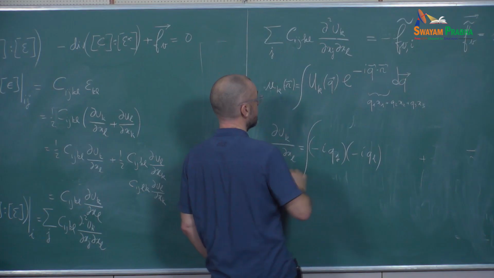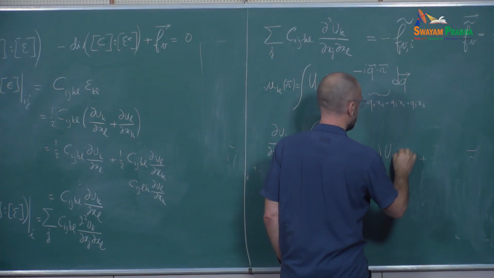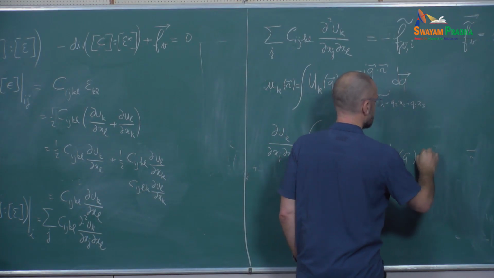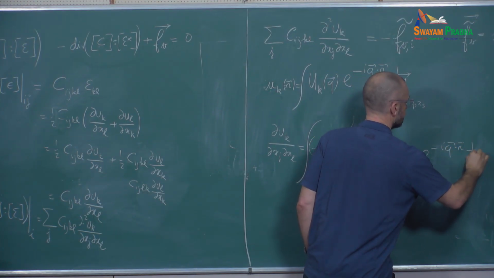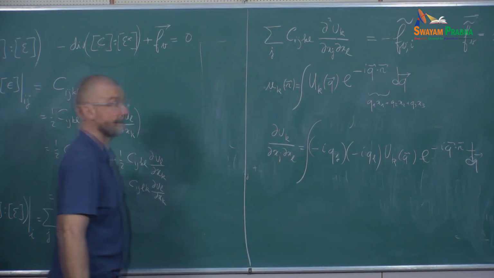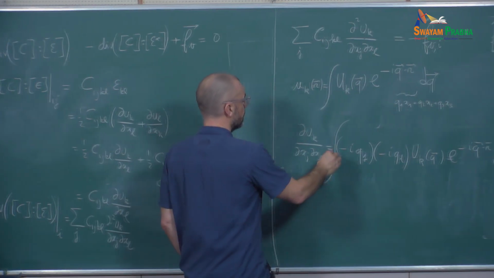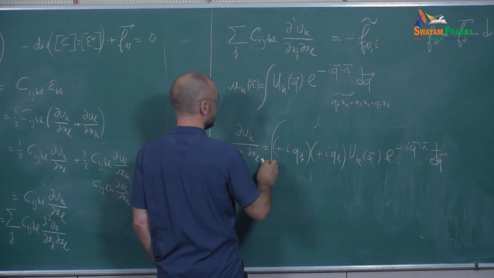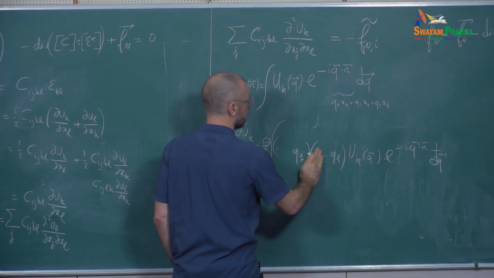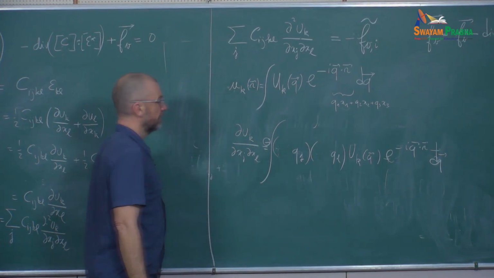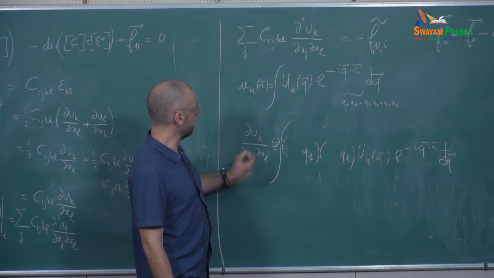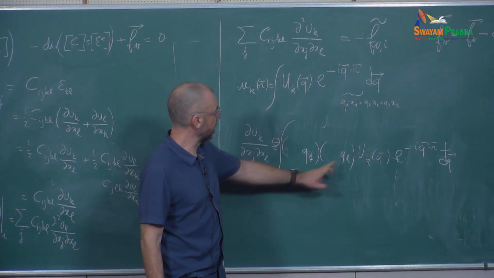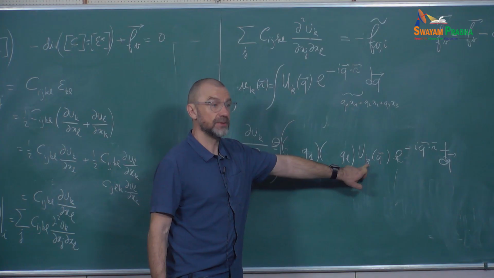So I have uk of q, exponential minus i q·r dq. The minuses go. This is i squared, so I have a minus outside here, and then the i's are gone. What does it mean? It means that the Fourier transform of the second derivative of u is just qj, ql, and the Fourier transform of u.